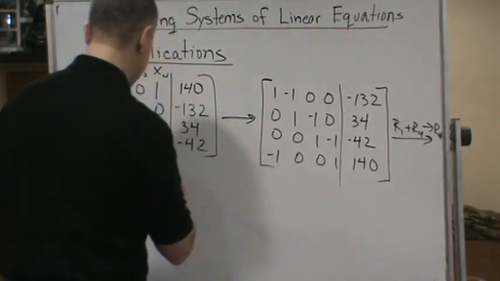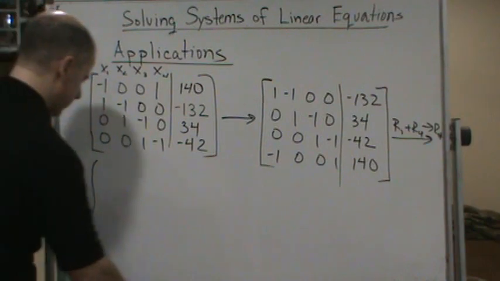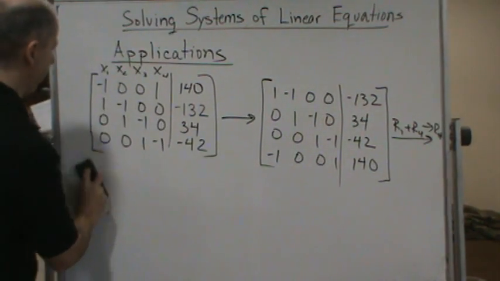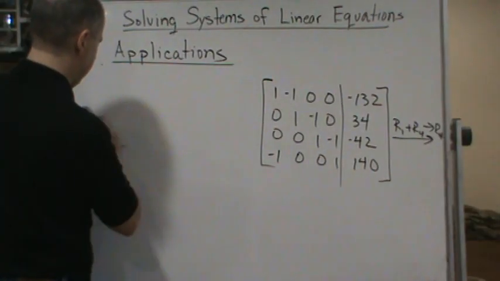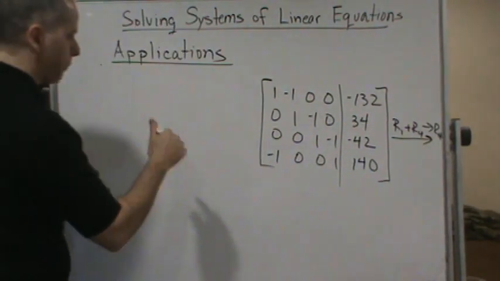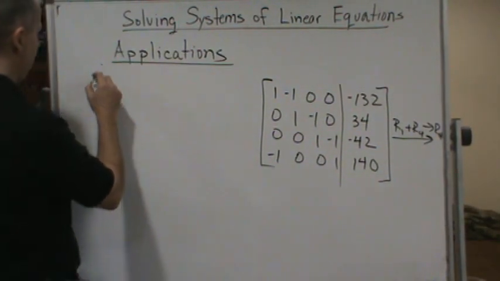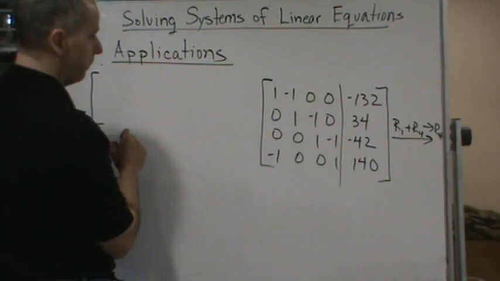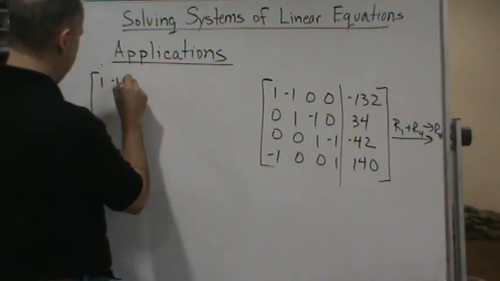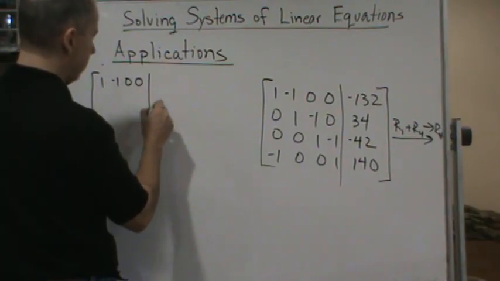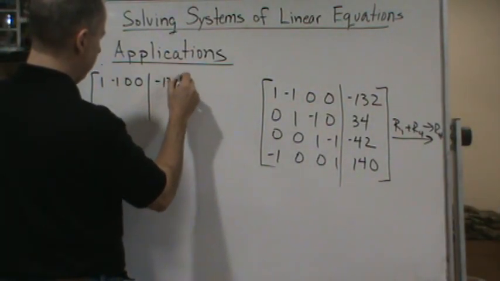Okay? So that's going to give us what? Let me just go back to here. And again, you just keep writing this on your paper. So now, what does this give me? This gives me 1, -1, 0, 0, -132.